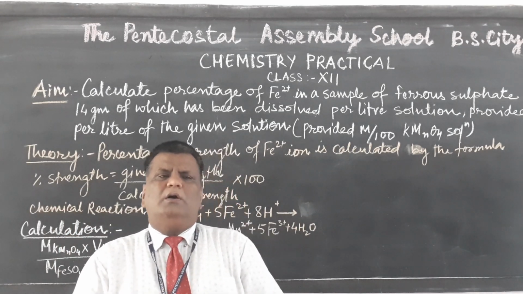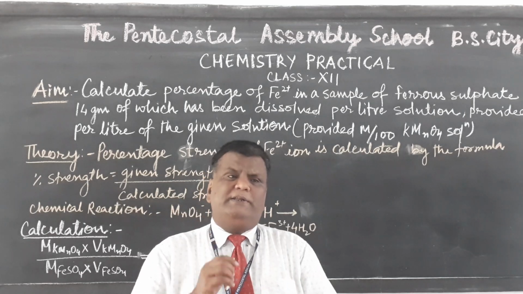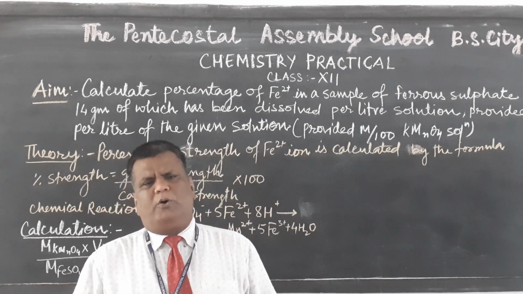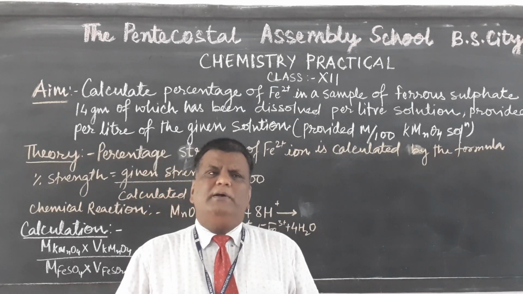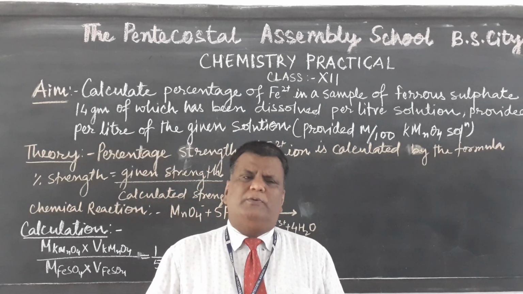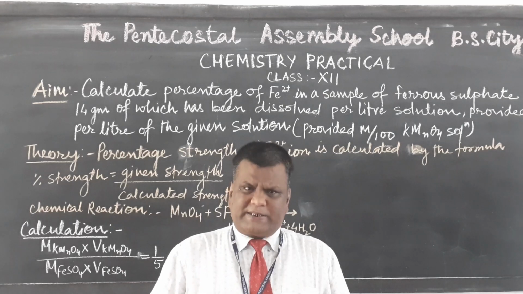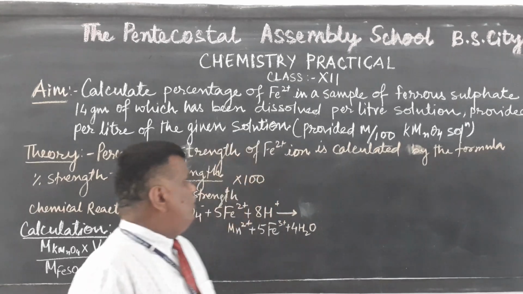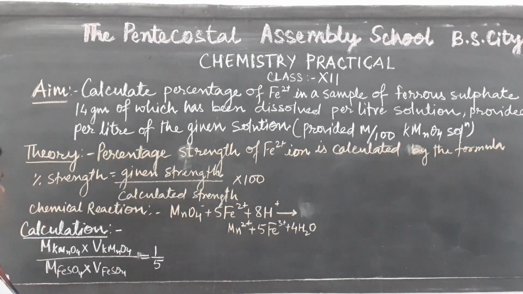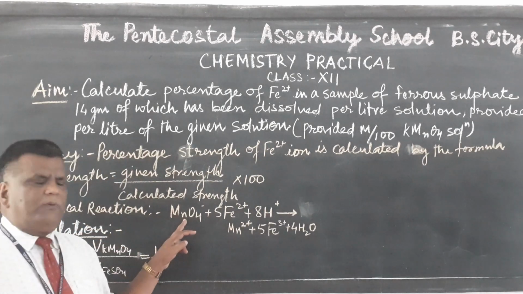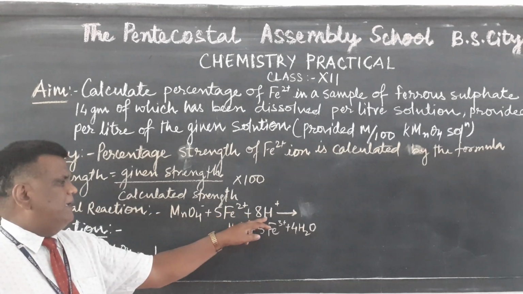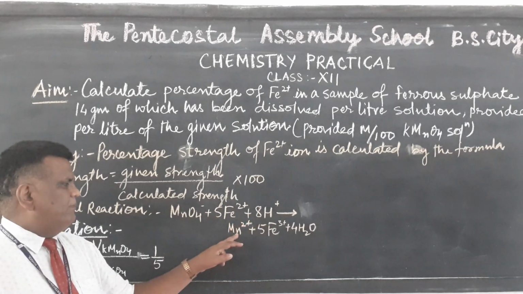First of all, the principle behind this experiment is we do not know the molarity of FeSO4. So we find the molarity of FeSO4 by a relation between FeSO4 and KMnO4. That relation is MnO4- + 5Fe2+ + 8H+ giving this.